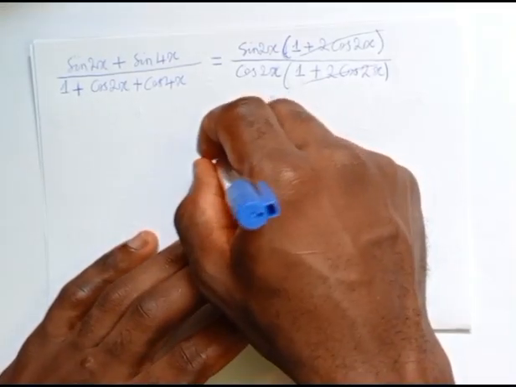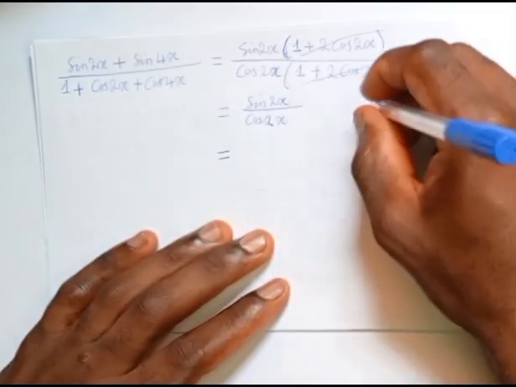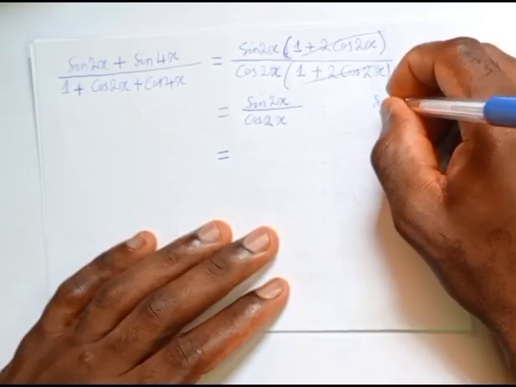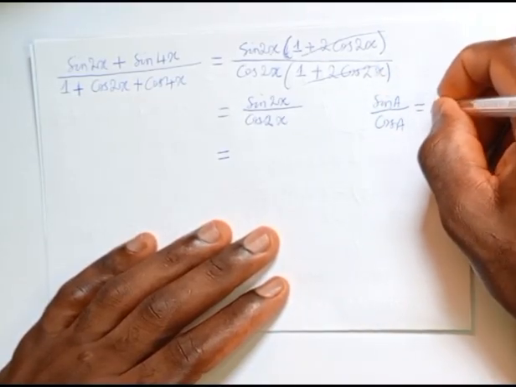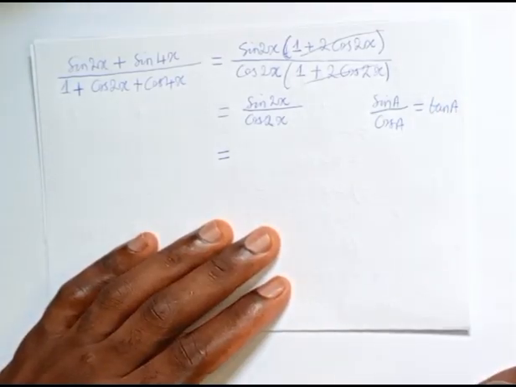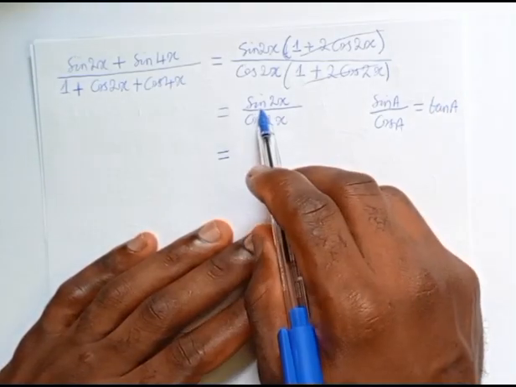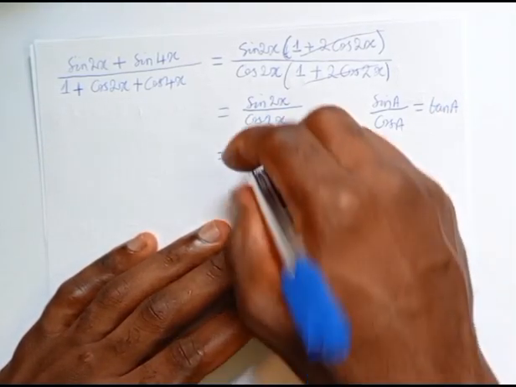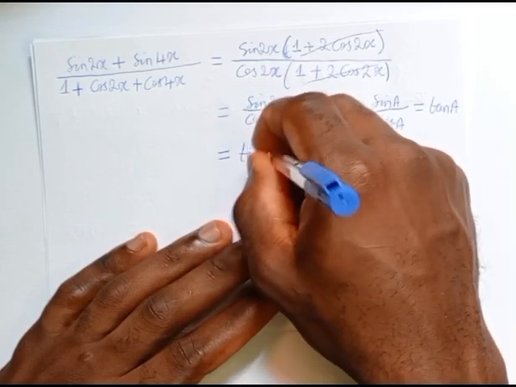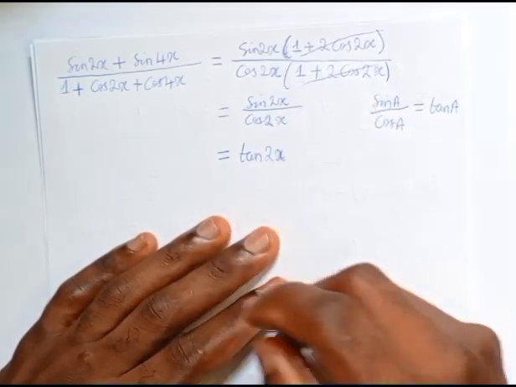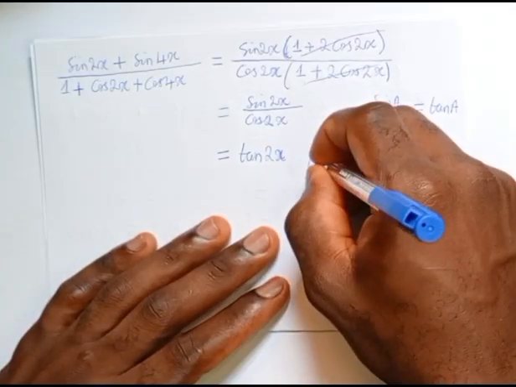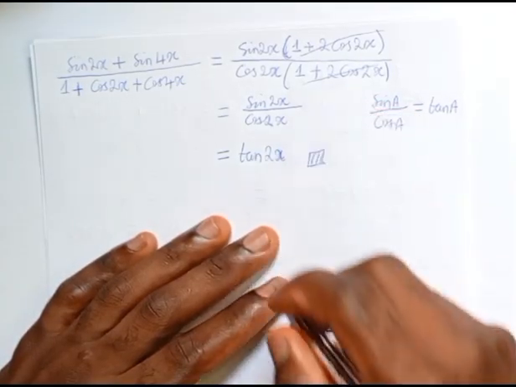And this will simply be equal to, recall that if you have the sine of the angle A all over the cos of the angle A, this will give you the tangent of the angle A. Sine 2x all over cos 2x is simply equal to tan 2x, which is what we are to prove. We are done with the solution.